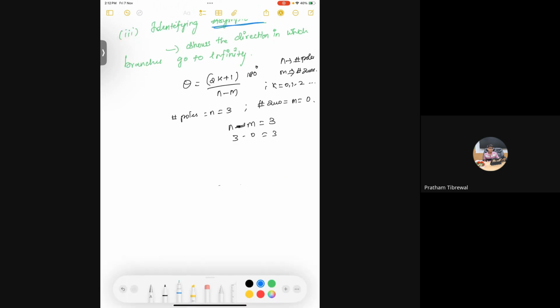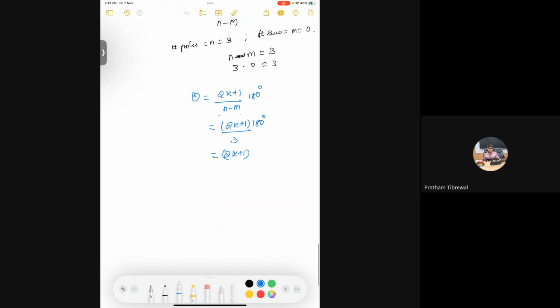I have written it correctly here. Theta equal to (2k plus 1) by n minus m into 180. So this will give me (2k plus 1) into 180 divided by 3, that is (2k plus 1) into 60, when k equal to 0, 1, 2, because I have 3 poles.